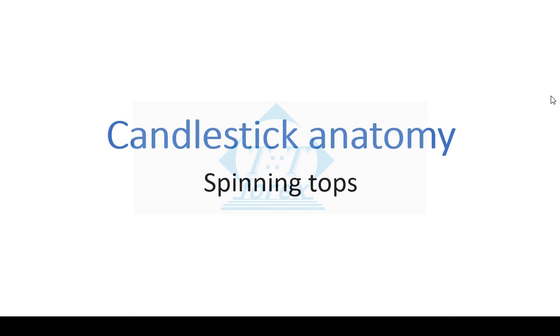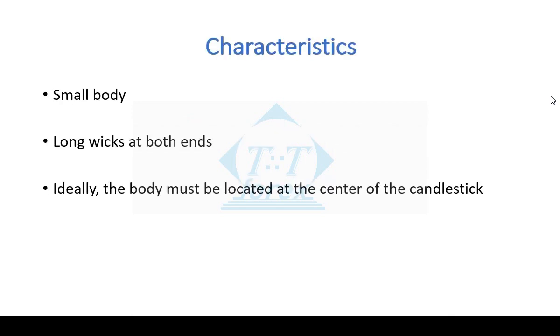reversals or continuation. We are just going to strip them and look at what really transpires during the formation of such candlesticks. So they are characterized by small bodies, long wicks at both ends, and ideally the body must be located exactly at the center of the candlestick, but do not expect it to be really at the center, because the market is not your friend.